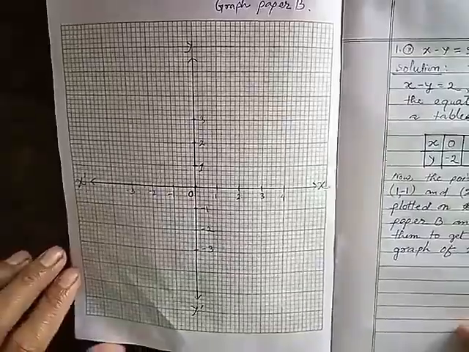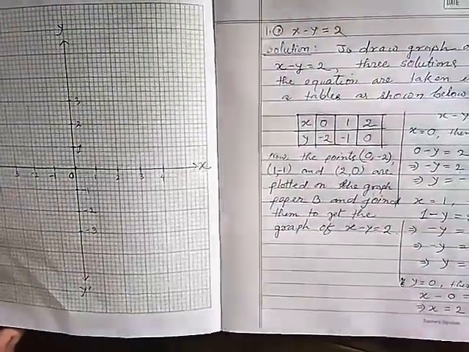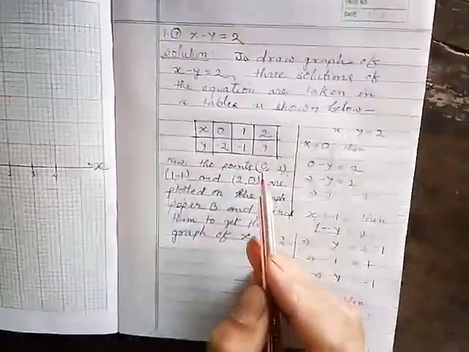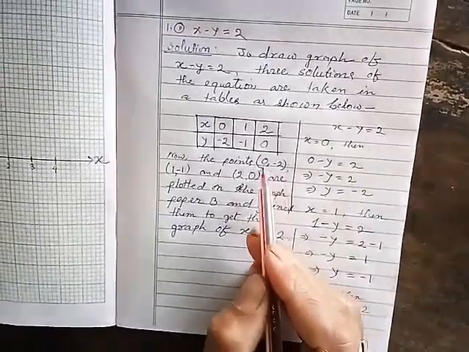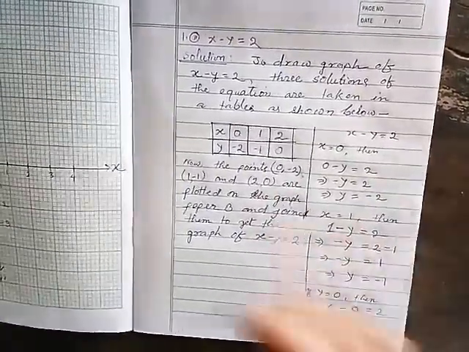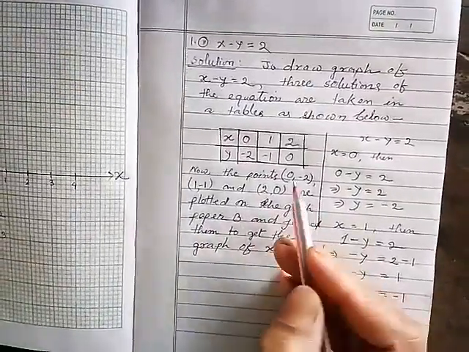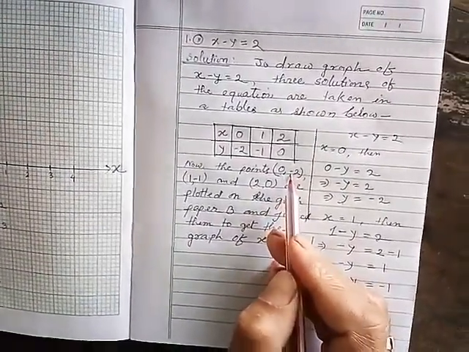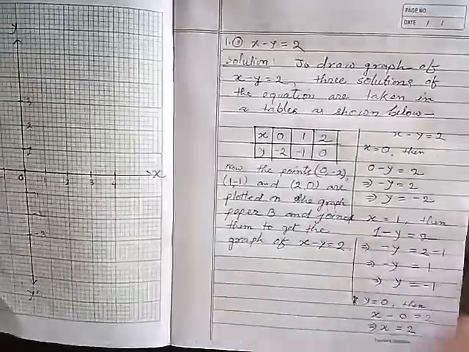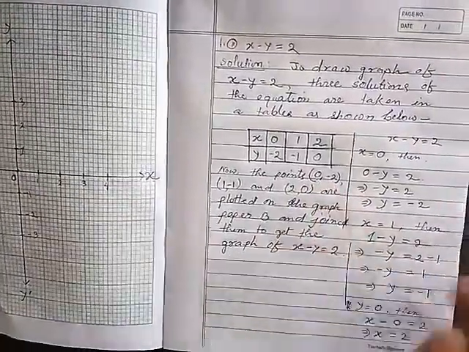So let me plot these 3 points. The first combination is 0, minus 2. The points are plotted on the graph paper B. So let me plot 0, minus 2 first. The x coordinate is 0, the y coordinate is minus 2.